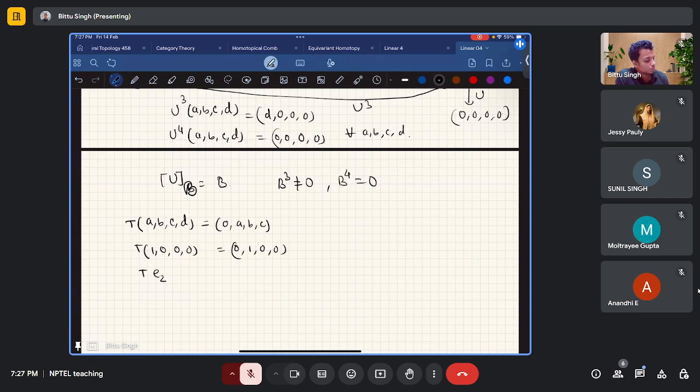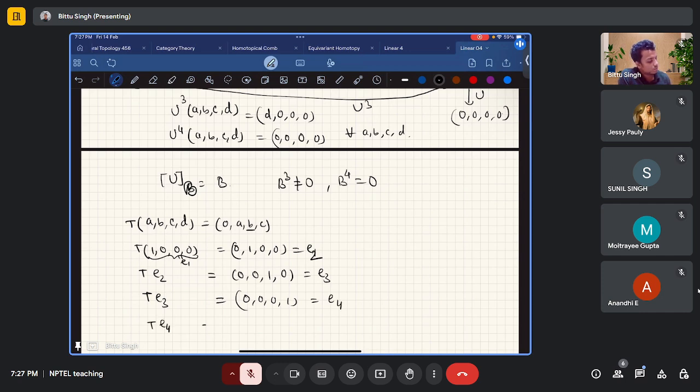Similarly, T applied on E2 gives us (0, 0, 1, 0), which is E3. T applied on E3 gives (0, 0, 0, 1), which is the same as E4.